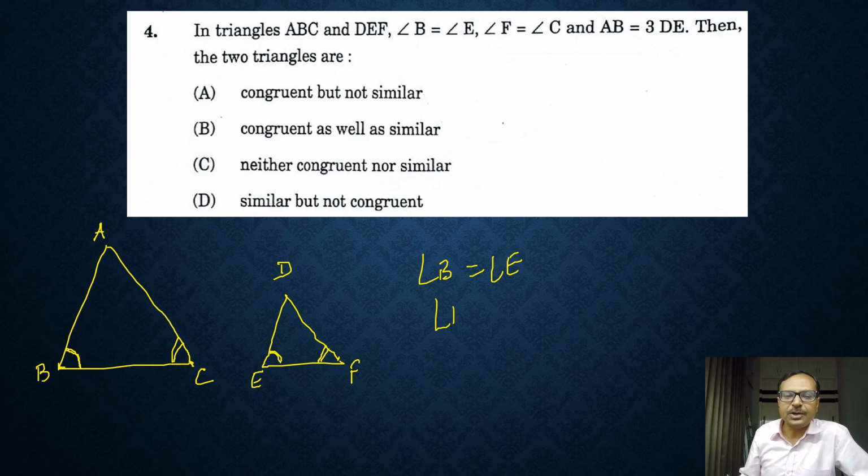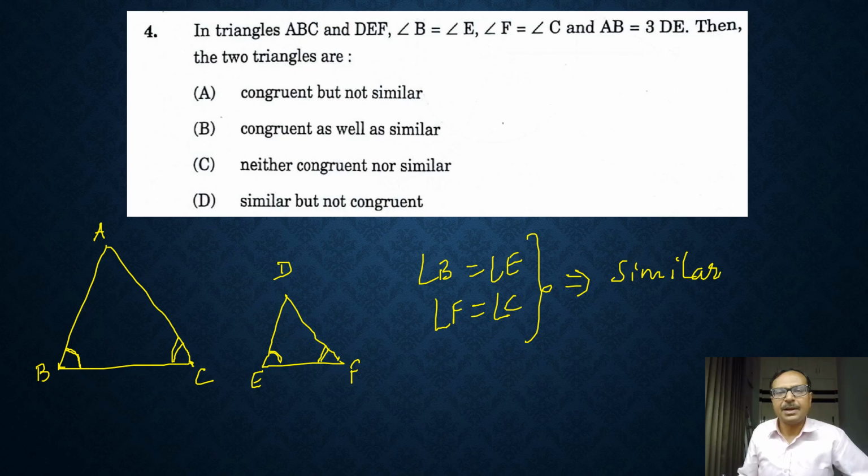So you can see two of the angles are already given equal. So if two angles of one triangle are equal to two angles of the other, obviously the triangles are similar. So similarity is proved by AA rule. But in the other part of the question, he says AB is 3 times DE. So if AB is larger and DE is smaller, because 3 times DE gives you AB, so they cannot be congruent, right?